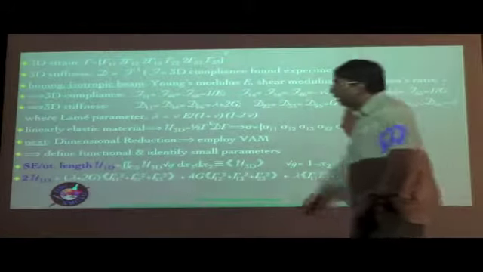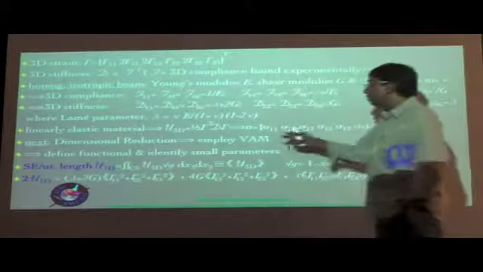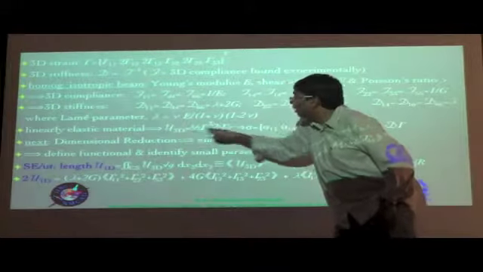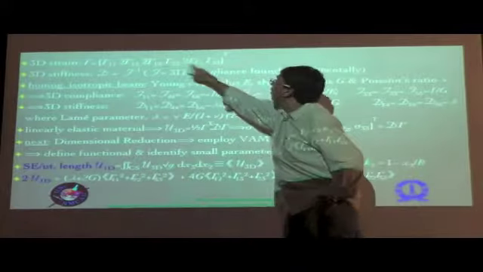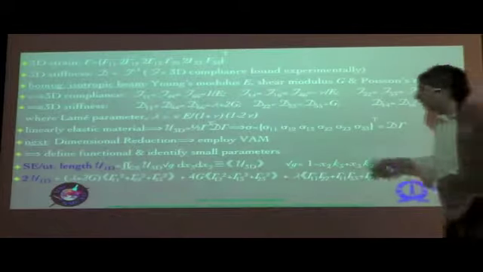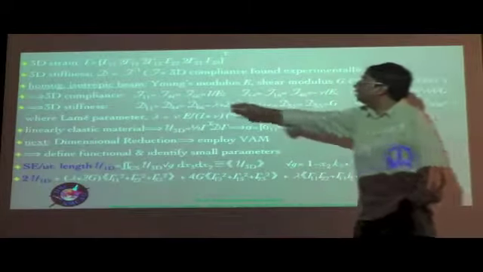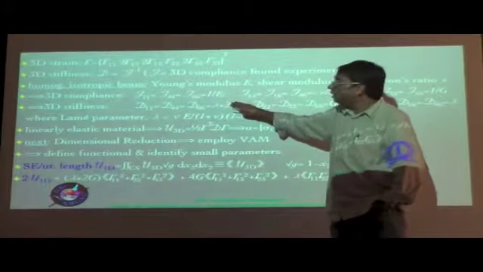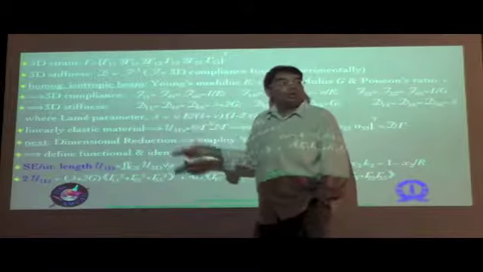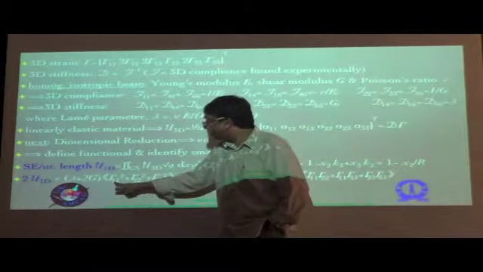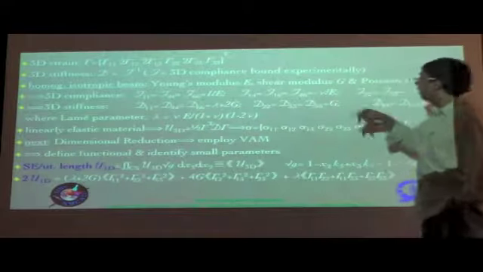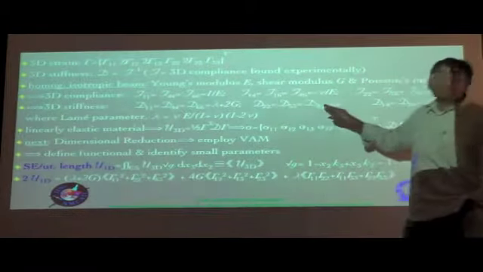Then the energy per unit length of the beam would just be given by an integration of that. We already have an expression for U3D from this. We have an expression for gamma over here and the elements of D over here. So it's easy to see there are three kinds of terms. Basically, those which are normal strains will have a coefficient lambda plus 2g, and they would involve the squares of the corresponding quantities, which are the normal strains, gamma 1 squared, gamma 2 squared, gamma 3 squared. Then we have the three shear strains.